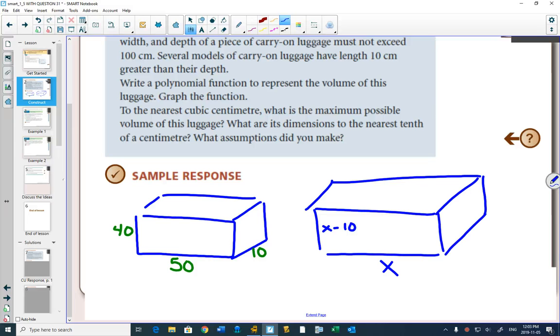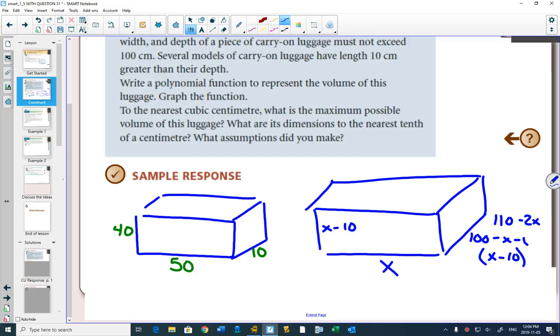Finally, how did I figure out what would be left? Well, I found out this last 10 by doing 100 minus both of those. If I would do 100 minus this one minus this one, that would leave me with, well, 110 minus 2x.